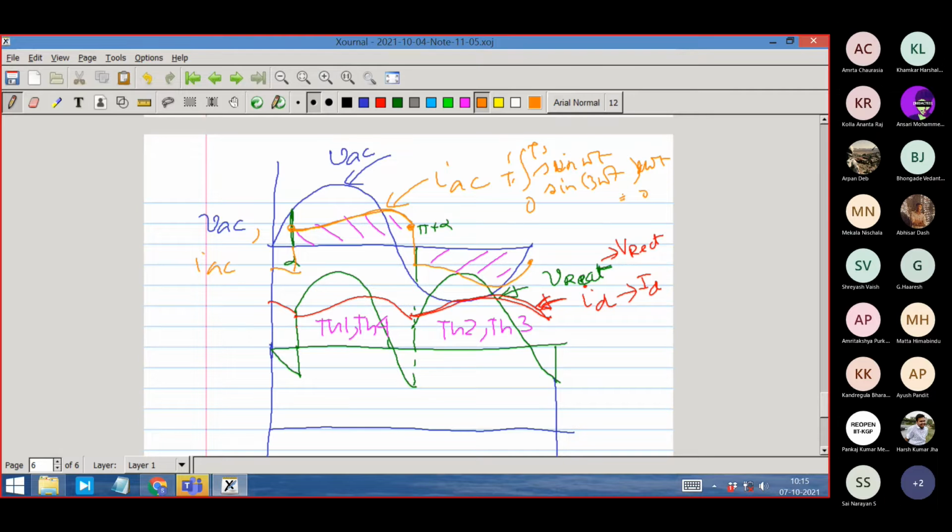So on an average they have no contribution to the power flow. I am repeating: since the AC supply is perfectly sinusoidal, the power flow is decided by the amount of sinusoidal current, the fundamental frequency current, flowing from the supply system. That will decide the power, right?